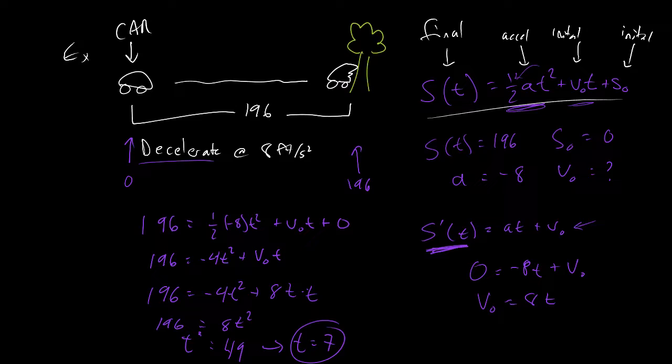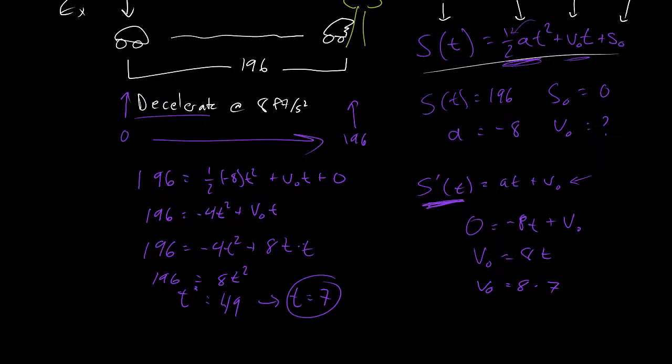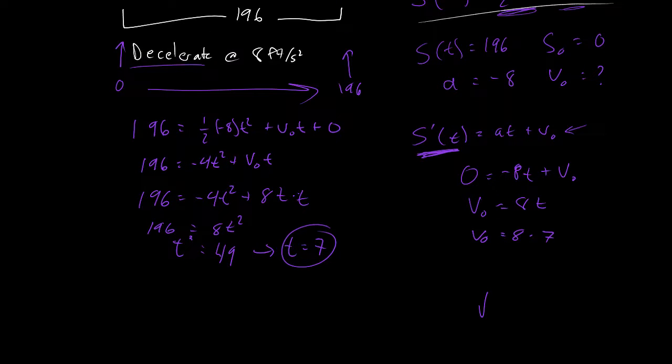Well, we have our time it takes for us to go from starting to final, and to get our velocity we just need to plug it in over here, and we get our v naught is equal to 56 feet per second.